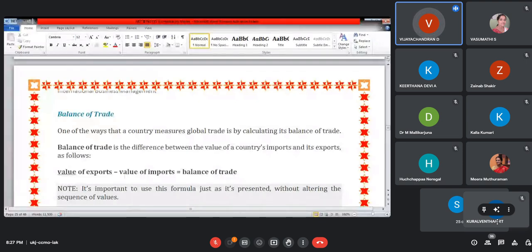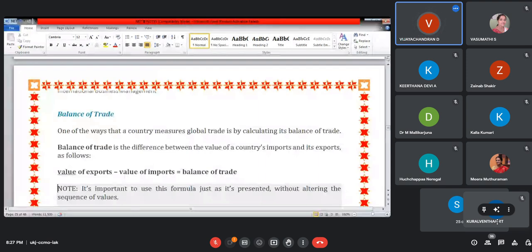So I will say balance of trade for a very easy understanding: it is only the difference between exports and imports. Favorable means plus, that is exports exceeding imports. Unfavorable means adverse, if the exports are lesser than the imports, then we can say it is unfavorable.